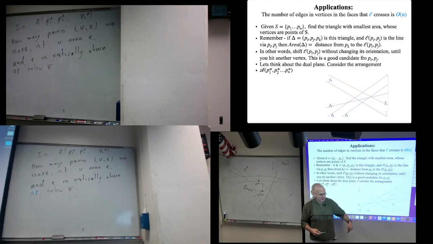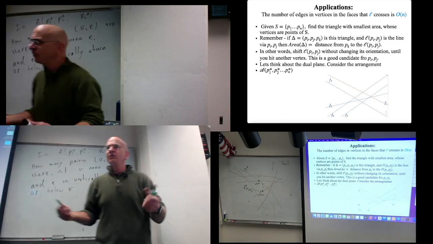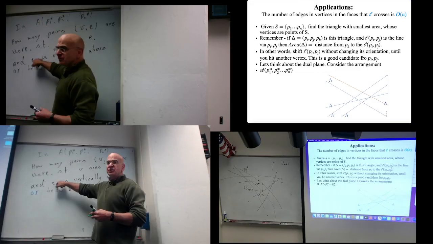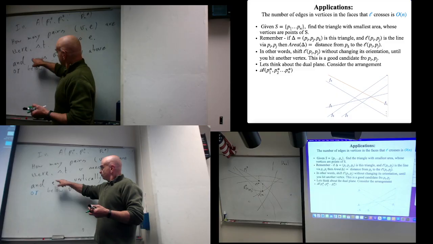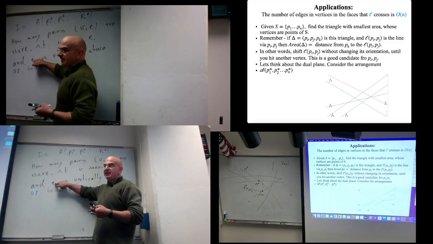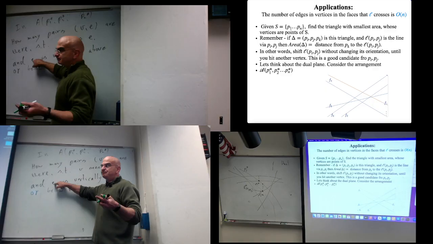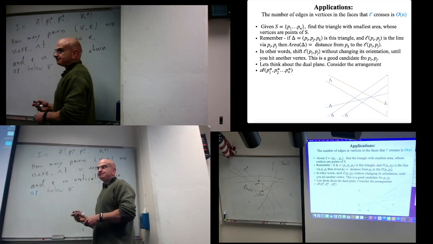But let's ask how many pairs of vertices and edges do I have altogether that see each other? Well, we already know it. This edge belongs to one of the lines. How many vertices does the line that contains it see? Linear. Summing it up for all the lines in the arrangement, you'll get n squared.